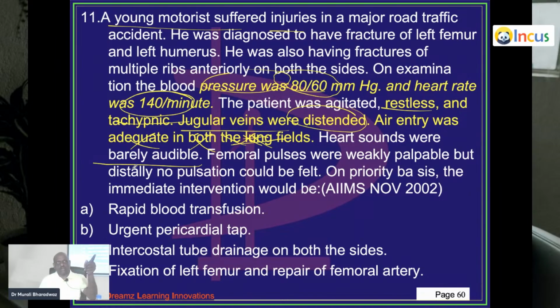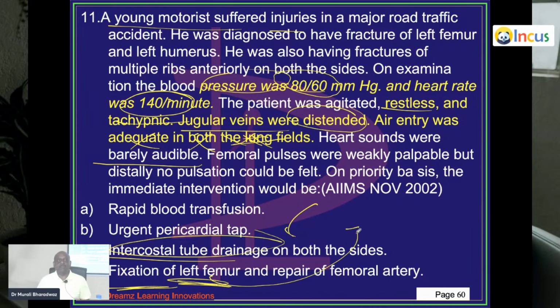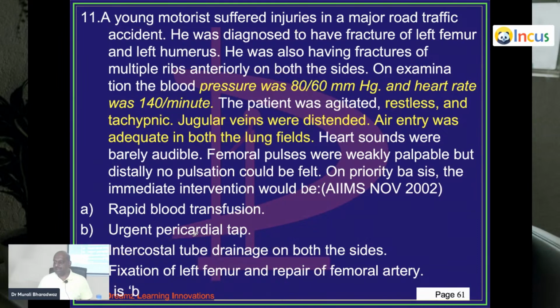If it is pneumothorax, then an intercostal drainage tube is needed. Why not fixation of the left femur? Because that can lead to fat embolism. But this is not fat embolism because there are no petechiae on the front of the chest or any of the features. So that is the reason this requires urgent pericardial tap.